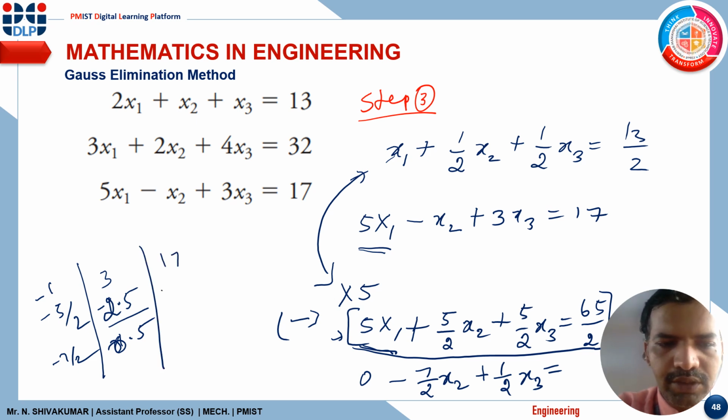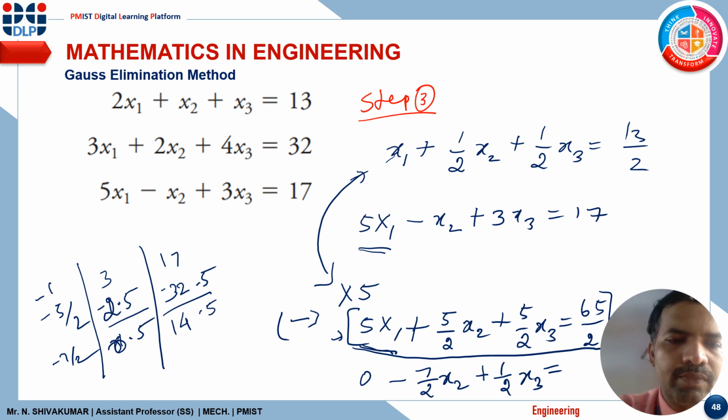17 minus 65 by 2. What is 65 by 2? It is 32.5. So 17 minus 32.5 is minus 15.5, since this value is higher.